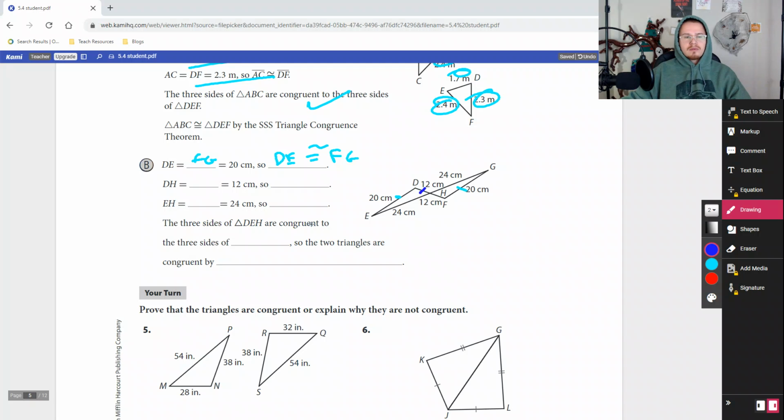DH is equal to FH, and they're both 12 centimeters, so they're congruent, right? That's good. And EH is equivalent to GH, and they're both 24, so we're good. So these are congruent. So this triangle is congruent to that triangle, which means they are proven by the SSS triangle congruence theorem.